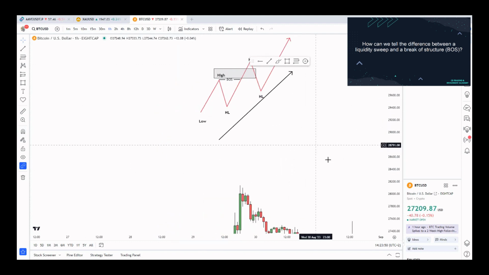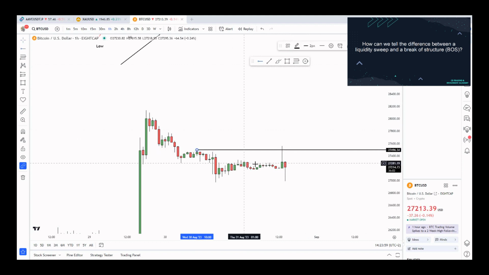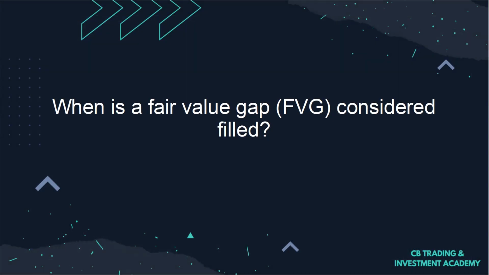So if you look on the chart, you could say that this was the previous high. We had a sweep here because price tried to move past the high we've seen here, but then rejected and closed below.